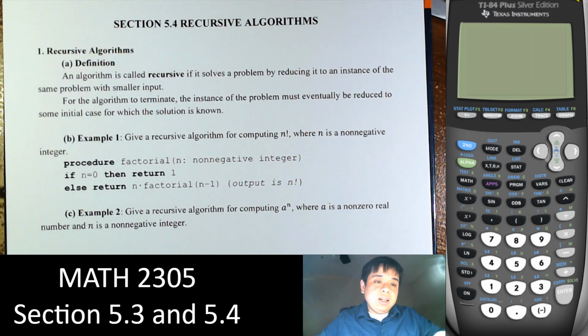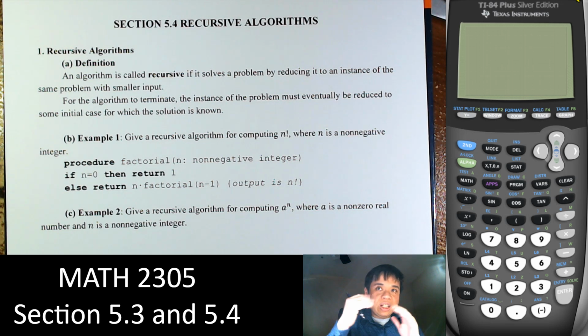Right, next, recursive algorithms. Now this is a little more complicated, and writing this is not an easy thing. Sometimes we have to think like a computer. An algorithm is called recursive if it solves a problem by reducing it to an instance of the same problem with a smaller input. Meaning that a function will call itself to do smaller things.